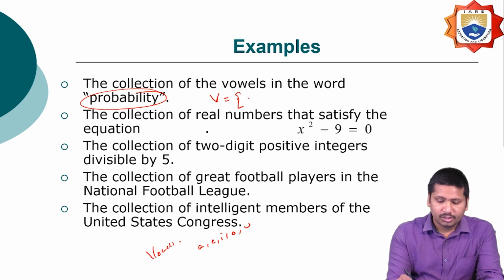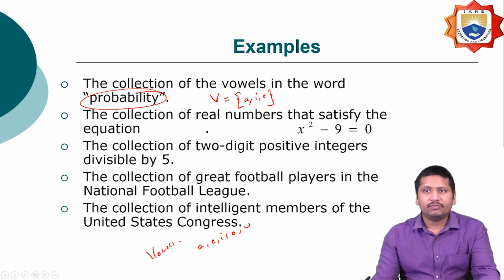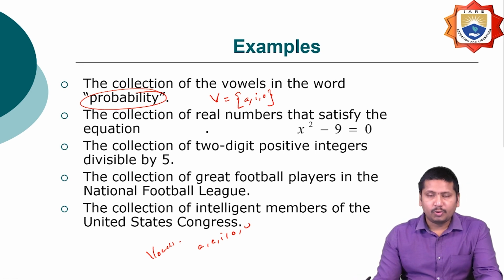A is there, E is not there, and I, O, U. That's it. These are the elements of the vowel set from the word probability.